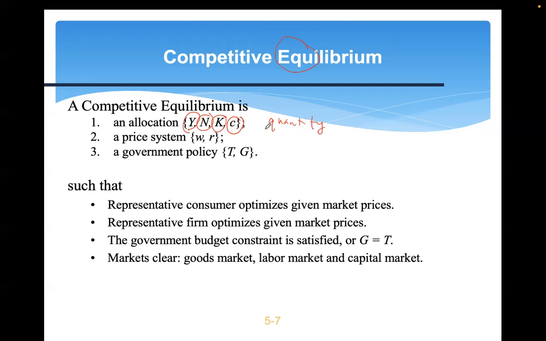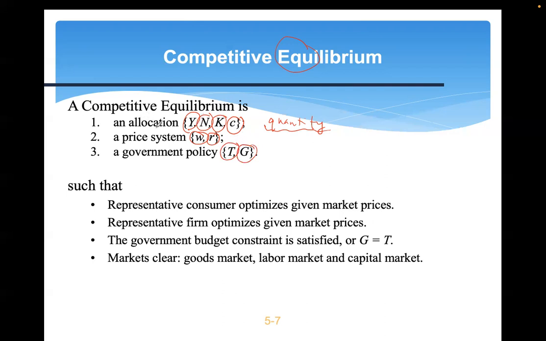So this is quantity: how the economy ends up producing a certain amount, how many hours are worked, how much capital they have, and how much to consume. Second is the price system, which tells you the price, the wage, and the interest rate. And finally, government policy, which includes tax and total spending.